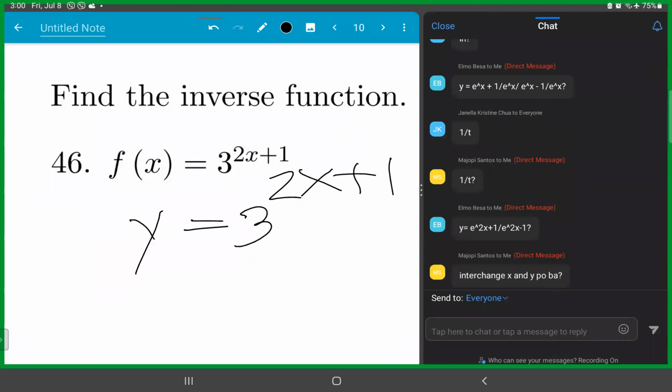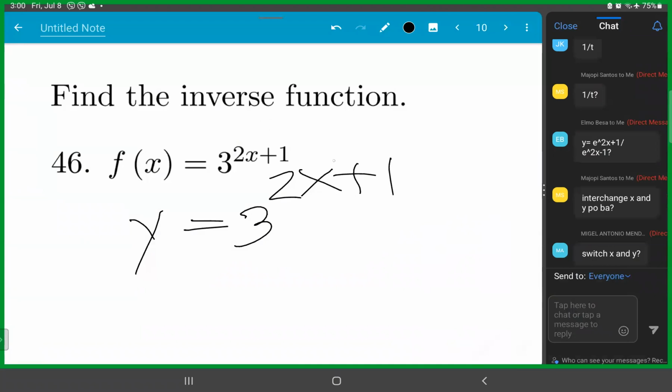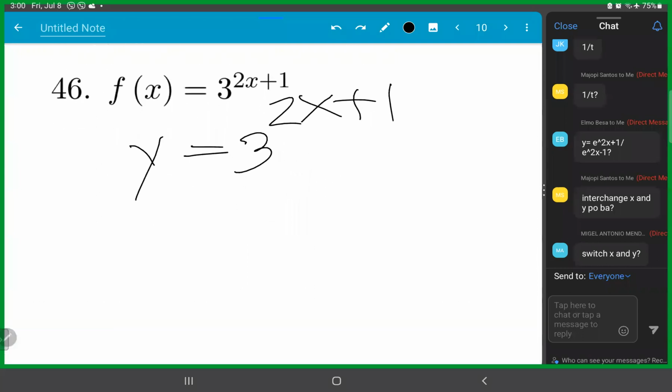Thank you. Now, pwede rin namang solve muna for x in terms of y, then saka ka mag-interchange, pero mas maganda interchange mo na agad. At least may points ka na agad, no? So, interchange x and y. And then solve for y. Okay?